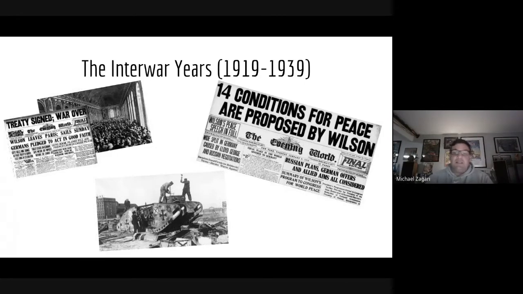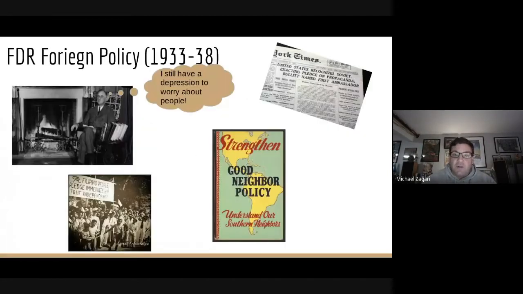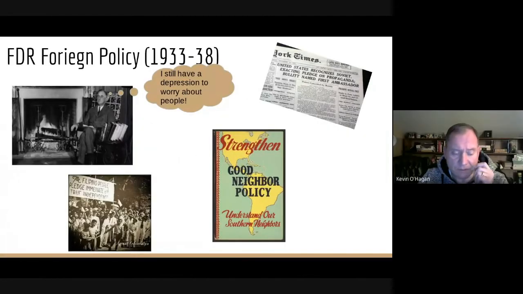So Mr. O'Hagan is going to take us away here with our first slide on foreign policy. Mr. O? All right. Well, as Mr. Zagari just mentioned, this notion of Wilson being an internationalist, by the time we get to the 30s and Franklin Roosevelt is in the White House, we have to remember that Roosevelt was himself a Wilsonian. He actually served in Woodrow Wilson's administration as the Undersecretary of the Navy.